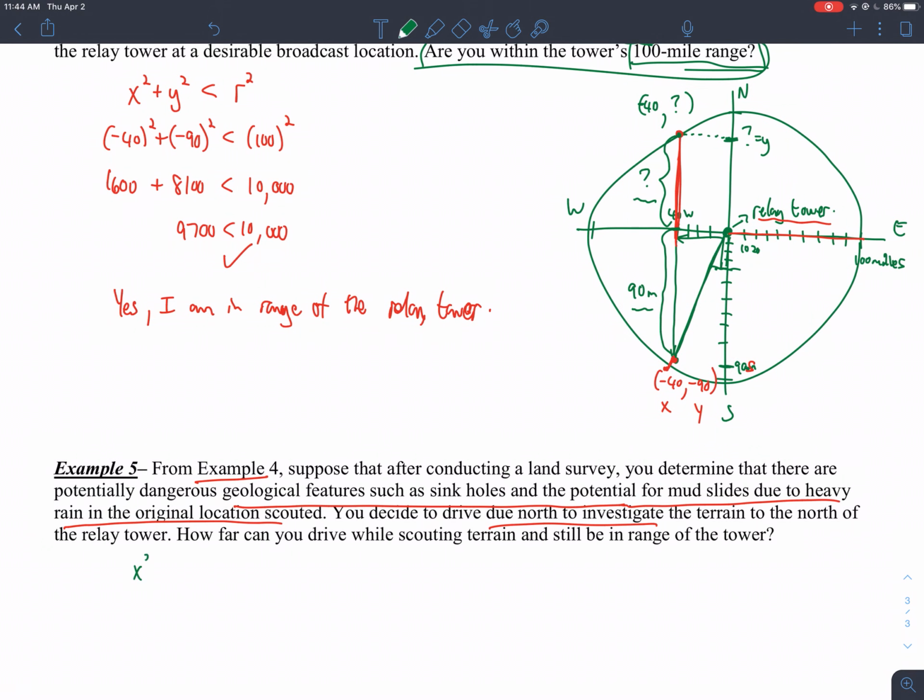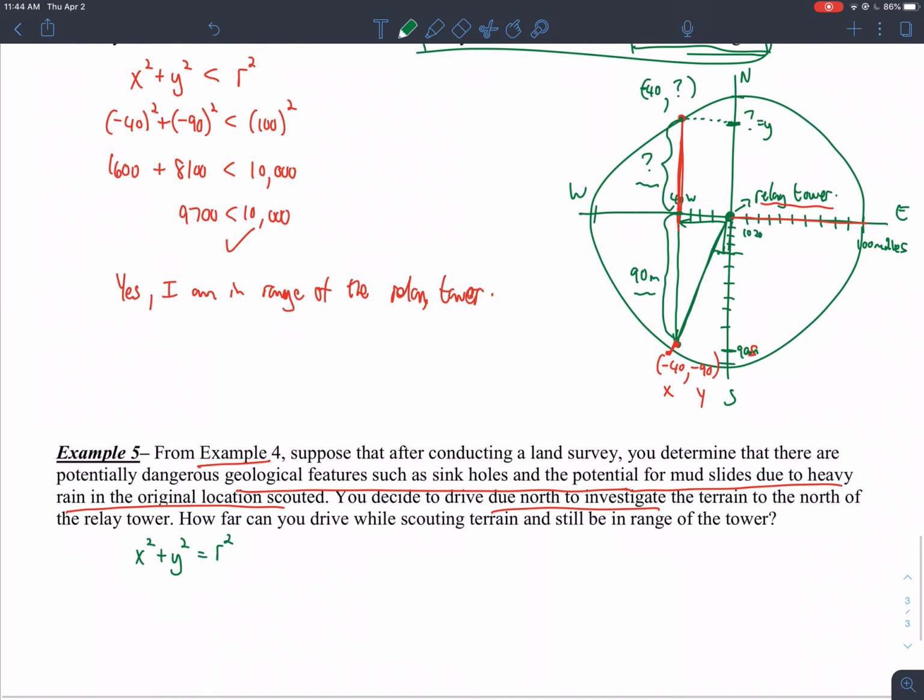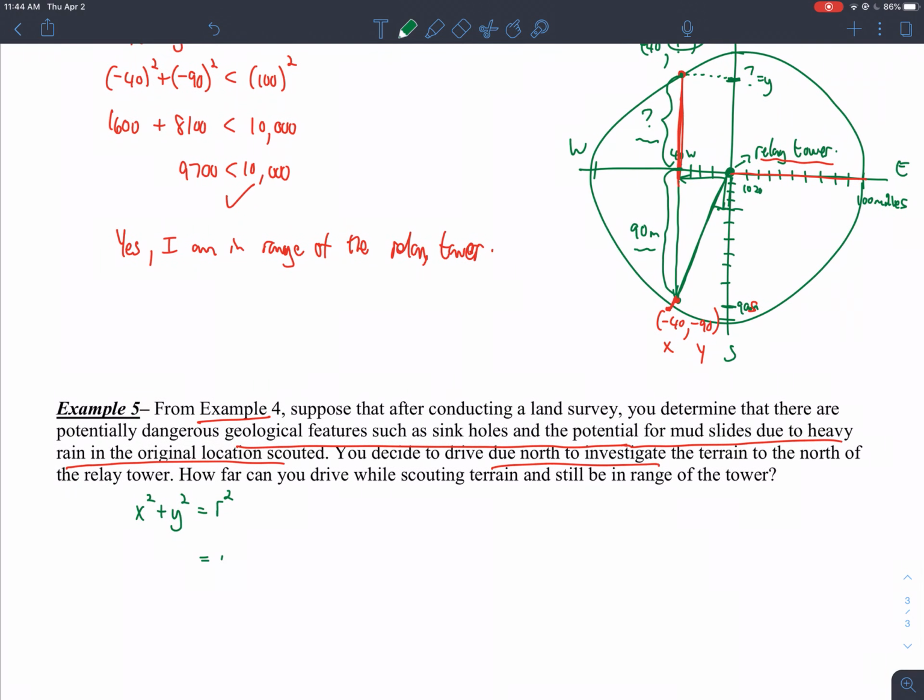So I have the equation of the circle, and what I'm trying to figure out is this y-coordinate. I plug in my radius, which we were given right off the bat, I plug in my x-coordinate, and I plug in the unknown y-coordinate.